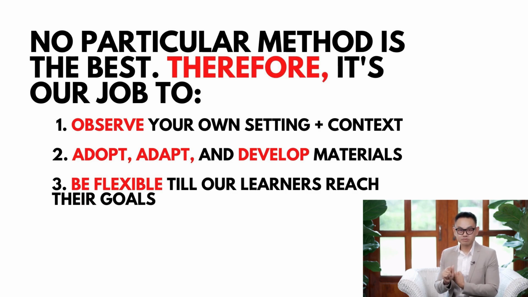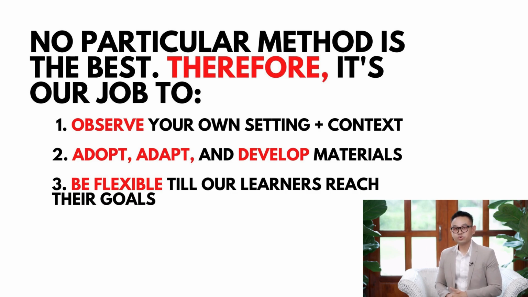By setting, it means you have to consider the atmosphere in the classroom or in the school, or the characteristics of your learners. The context itself, whether you can access the internet easily or not. All right. So you have to know this context and setting well before you design further activities.